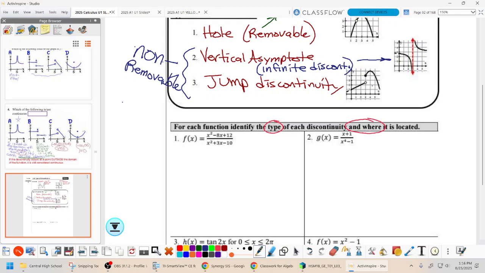It's about the numerator and the denominator. If you factor and cancel out something from the top and the bottom, that's a hole. All right, so first of all, we need to know that we're looking for rational functions.